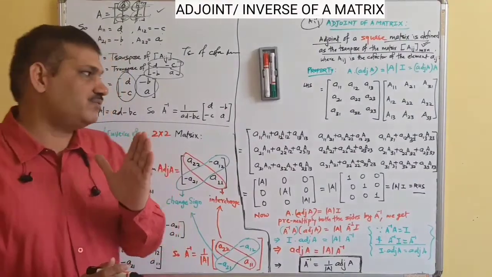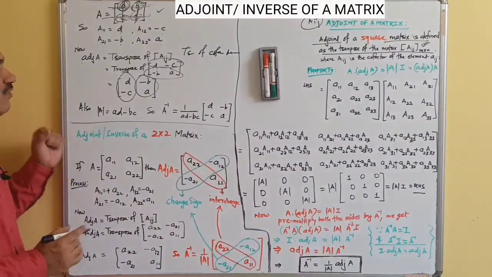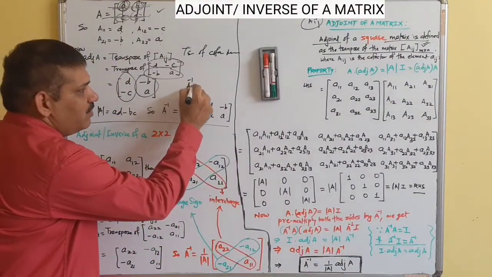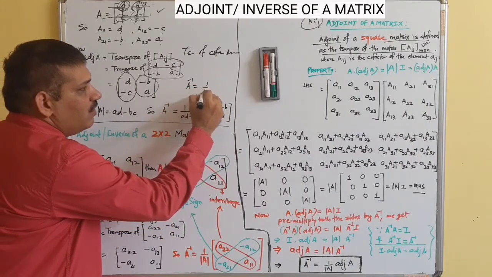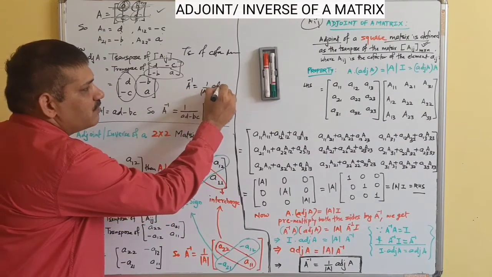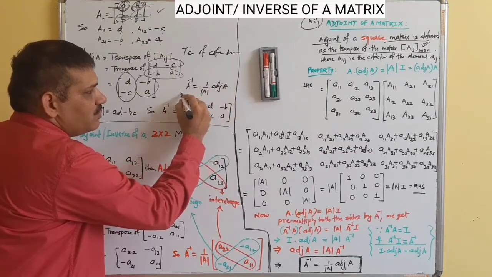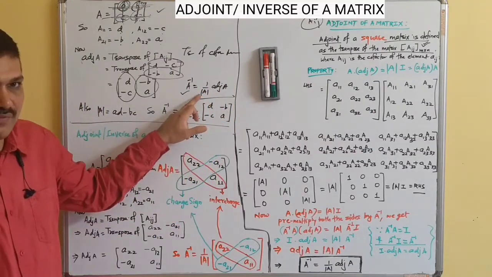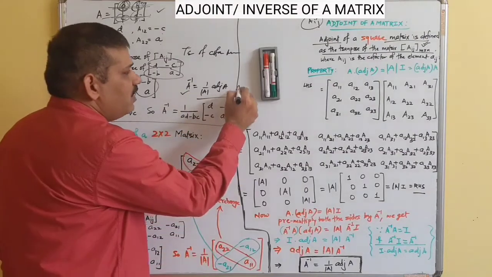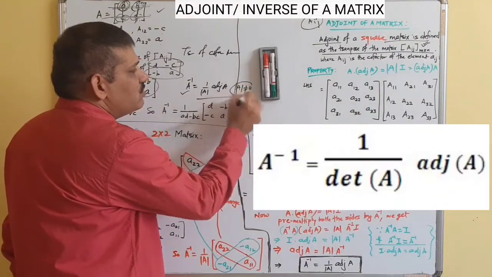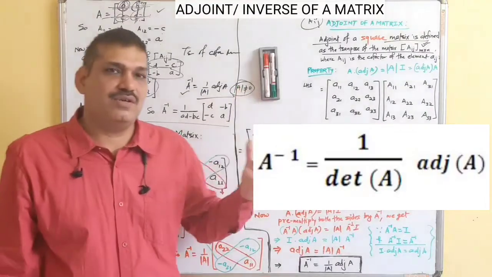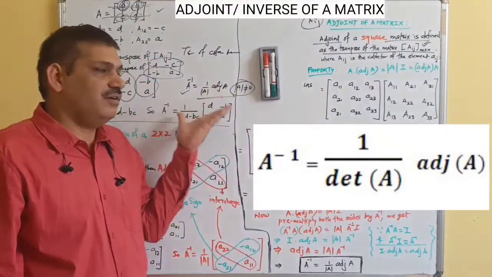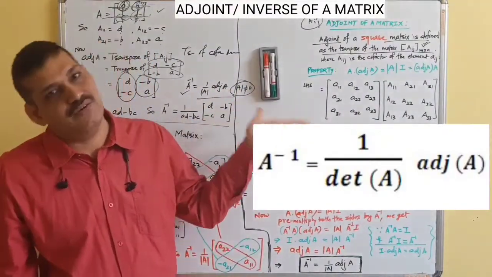Now let's talk briefly about the inverse of a matrix. A inverse is equal to 1 upon determinant A times the adjoint of A, provided that determinant A is not equal to 0. Only if determinant A is not equal to 0 is the matrix invertible.